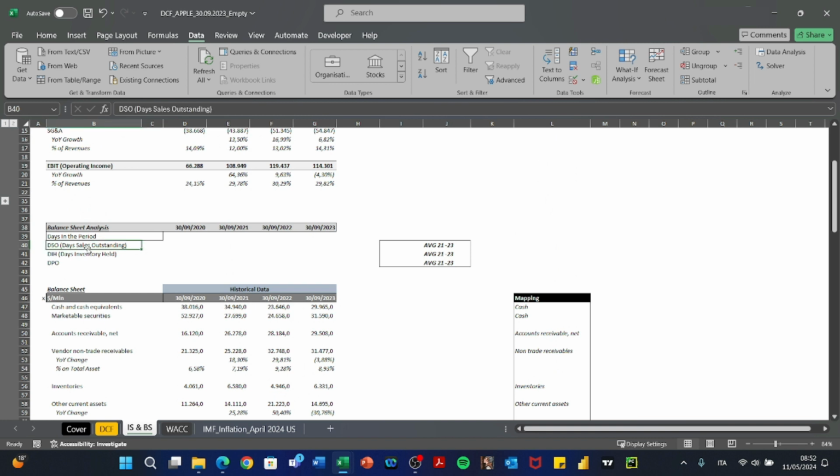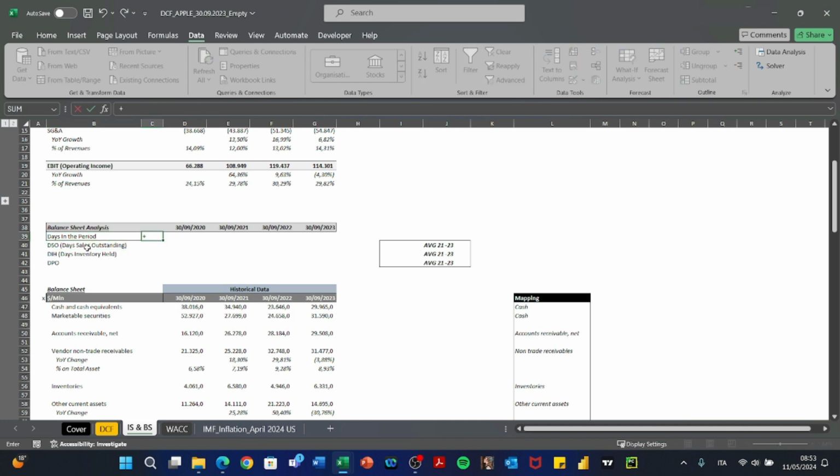It basically means how many days there are between when I record the account receivable on my balance sheet and when I get paid on average.